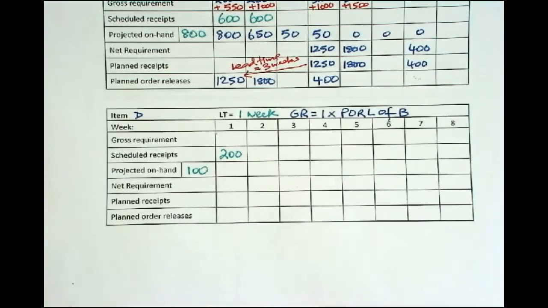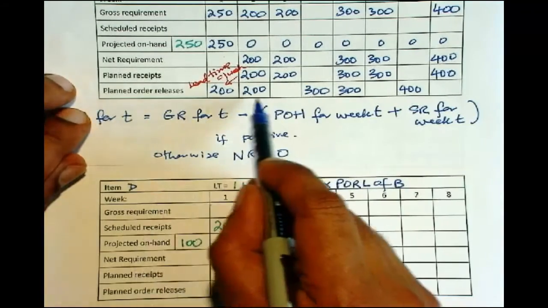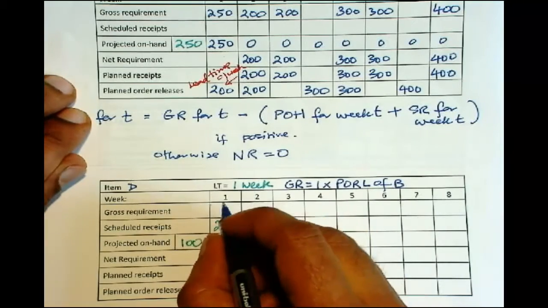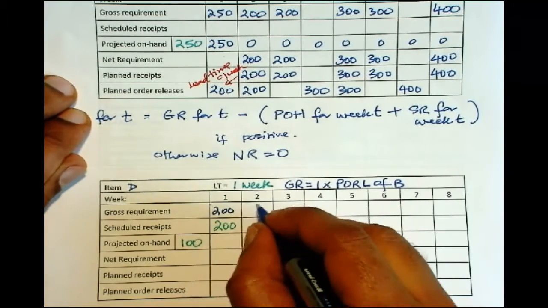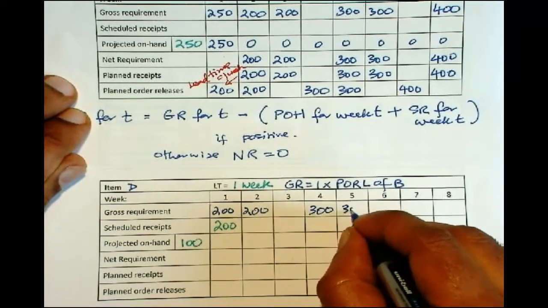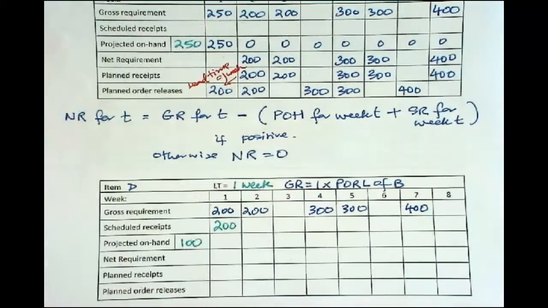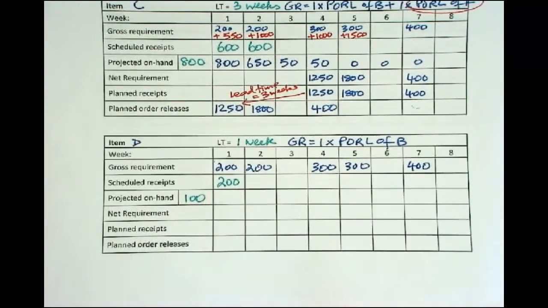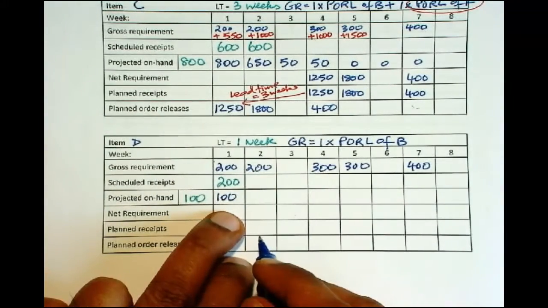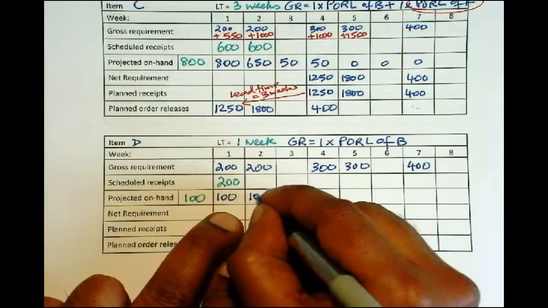So let's go back to B here. PORL is the last row. So 1 times that. So you get 200, 200, nothing, 300, 300, nothing, and 400 for week 7. Right, now we can do the computation. Start with 100. So 300 available, take away 200, so you get 100.